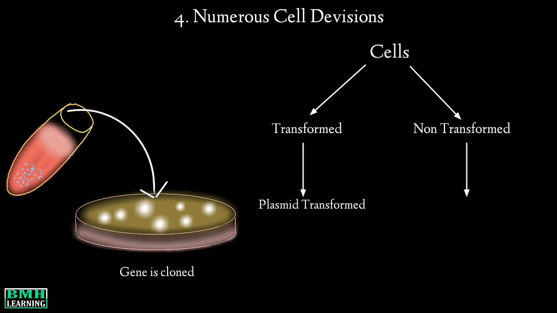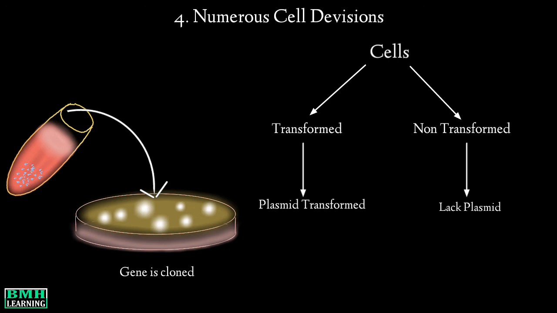But these non-transformed colonies lack any plasmid. It's because they were not competent enough to take up the DNA. You always want that thing which is useful and not a waste one. And for us, the non-transformed colonies are of no use. So the question here is, how do we select them?